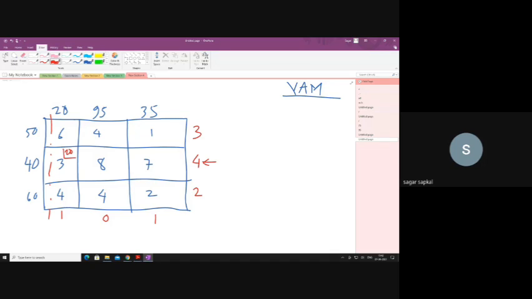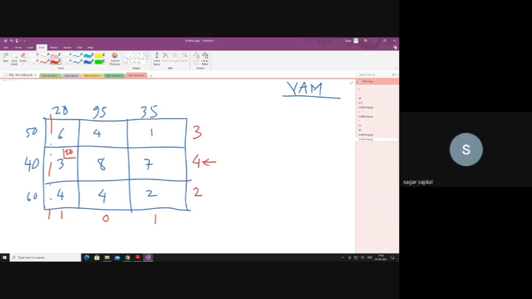Then in the second iteration, again find out the penalties by considering the remaining values which are not crossed, or where the dotted line is not drawn. So now tell me, what is the lowest value in the first row? Smallest value. 1.